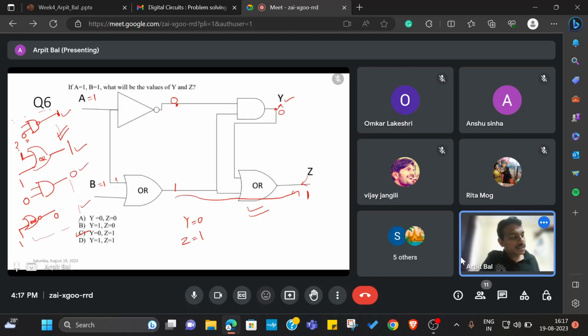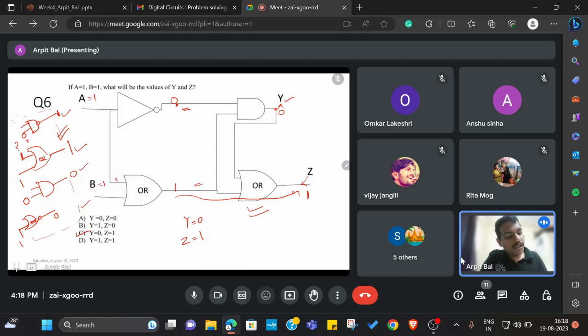In the next question, we were given values for A and B, and we were supposed to figure out the nodes Y and Z. The first thing we did is substitute A as 1 and B as 1, the assigned values, and figure out the values at the corresponding nodes.